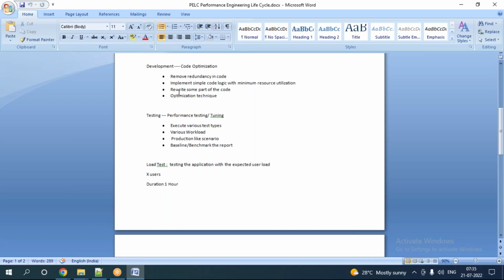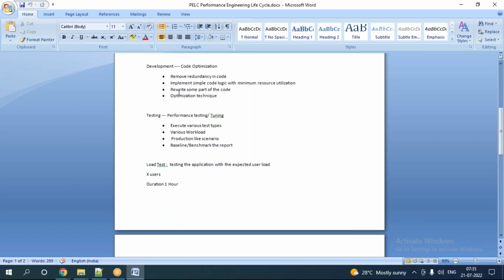But sometimes they are not dedicatedly spending time on that activity. So as a performance engineer, you can do it in two ways. One is, if you are good with coding, you can straight away implement it, or you document everything.